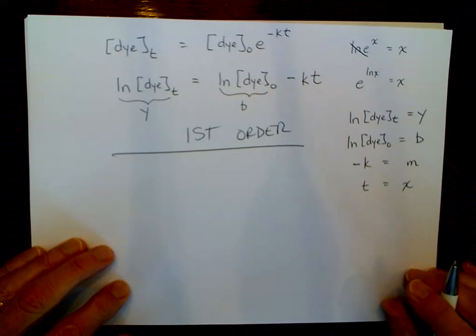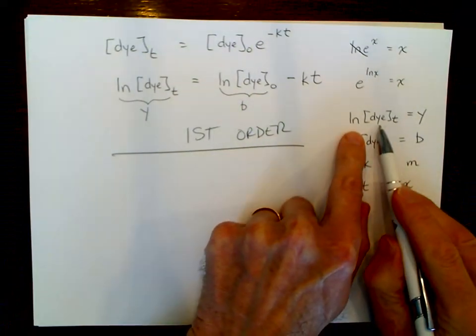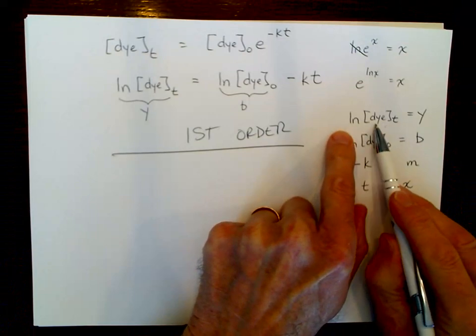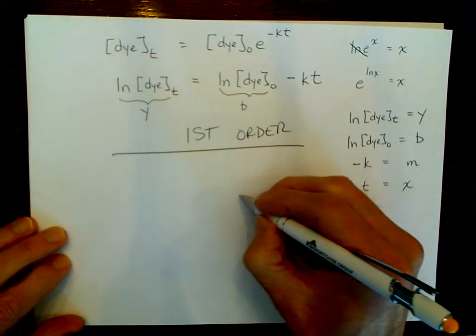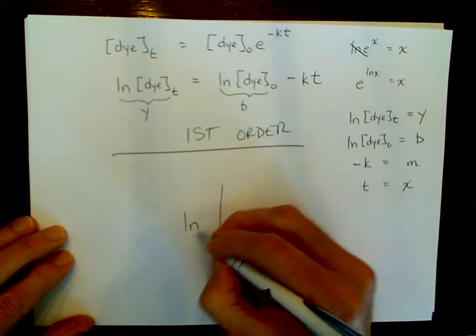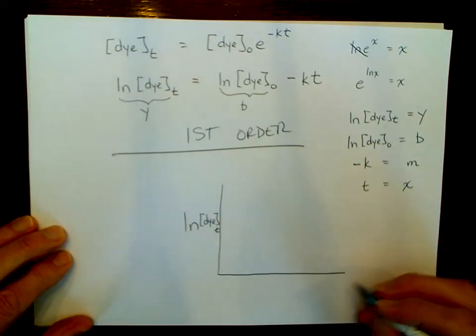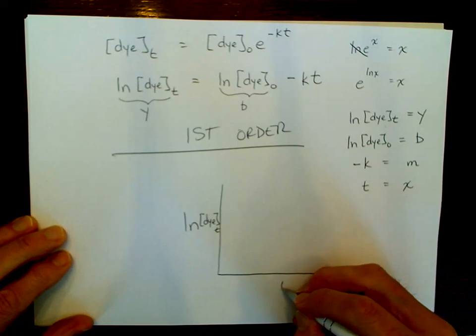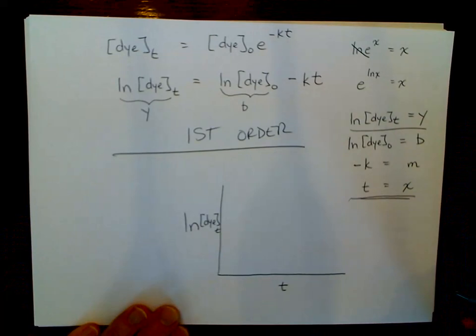So for this first order process, our y, our mathematical form of the dye concentration, is the natural log of the dye concentration. So what we'll do here is we plot the natural log of the dye concentration at time t versus t. That's our x. This is our y, this is our x.